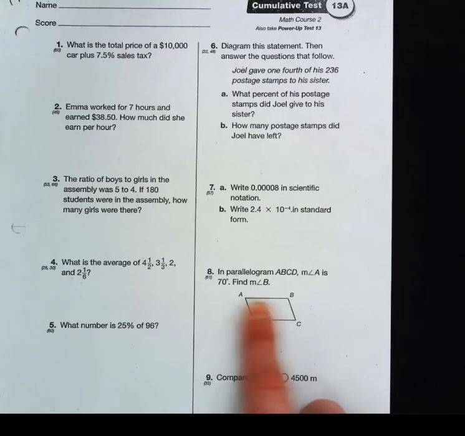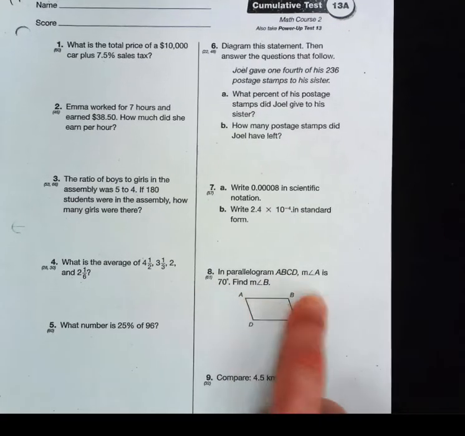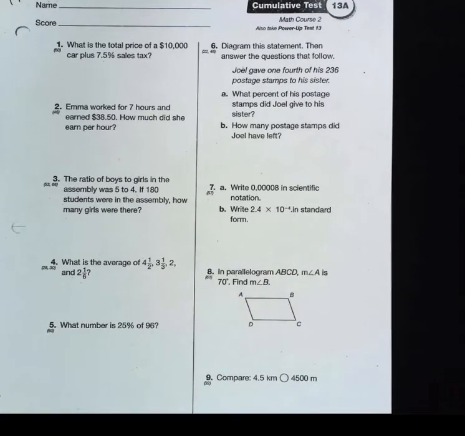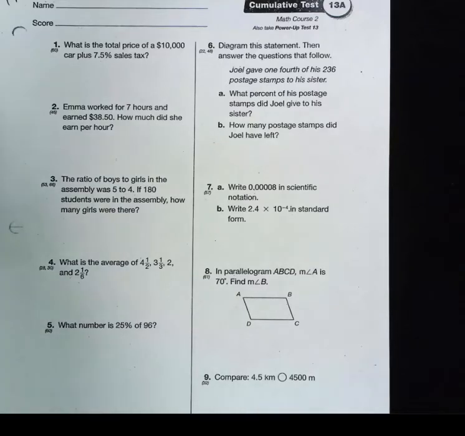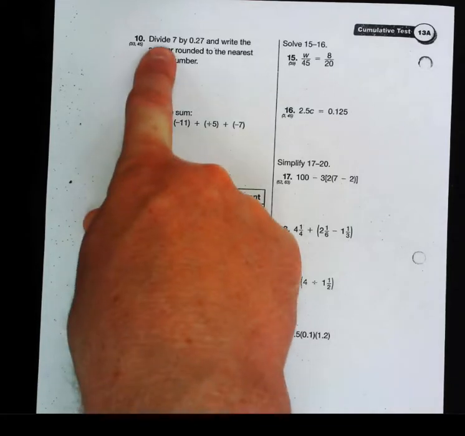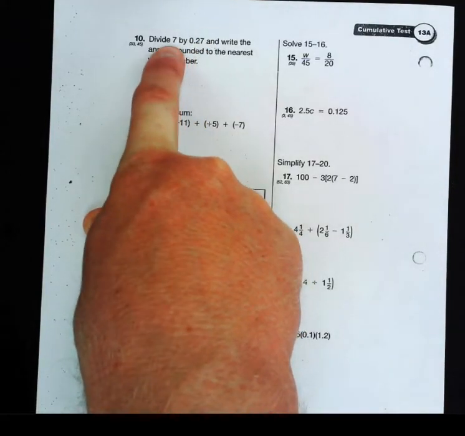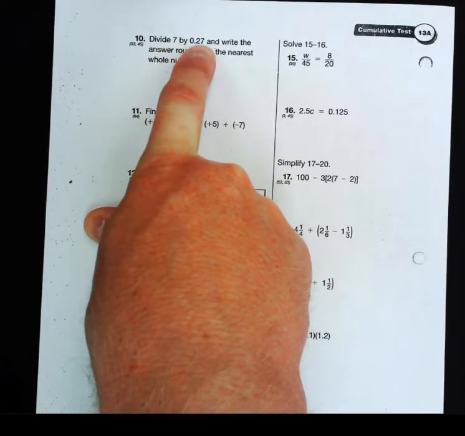If A is 70, what's B? You got to know what two angles side by side add up to. Do your conversion and then compare. Your front side of your quiz might help you with that. Cruise on the back side. Divide 7 by this, guys. In the box, outside the box.